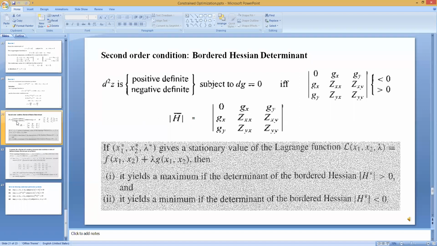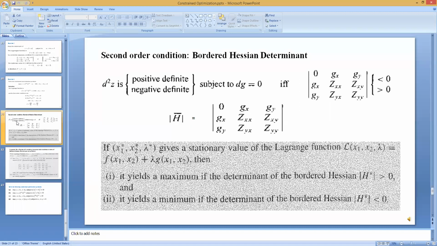Everyone please write it in your copy: d squared z is positive definite indicates leading principal minors are all positive.